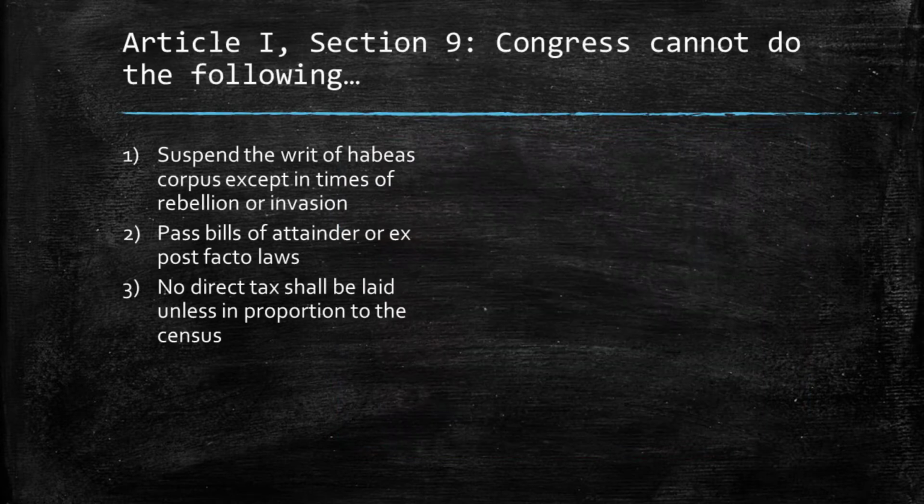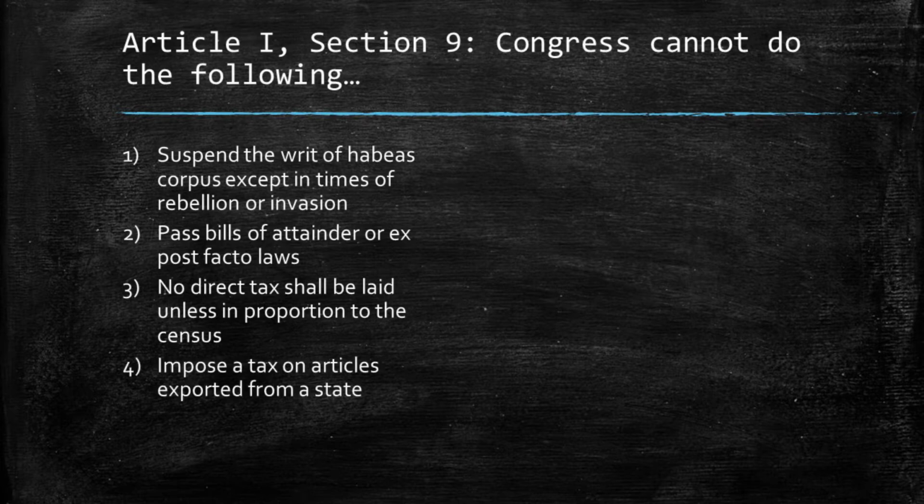They are not able to levy a direct tax unless it's in proportion to the census. They cannot also impose a tax on articles that are exported from a state. So if I made a product in North Carolina and I sent it to Virginia, the federal government cannot tax me for taking it from North Carolina to Virginia.